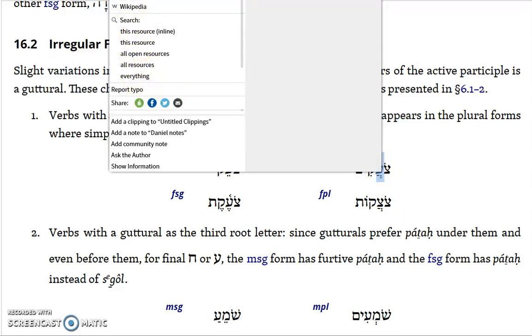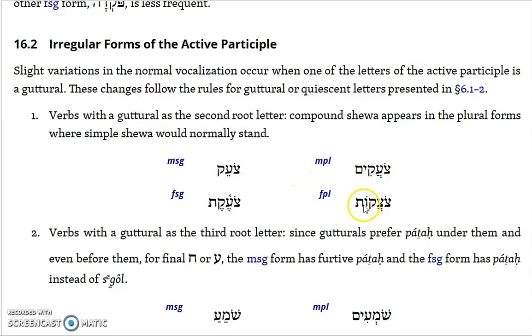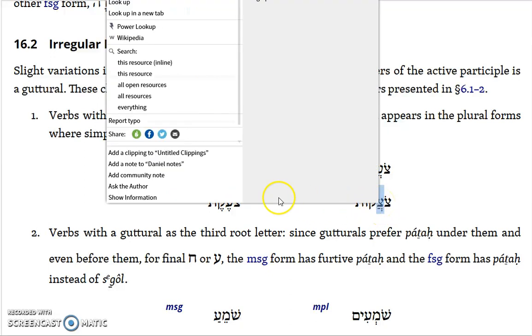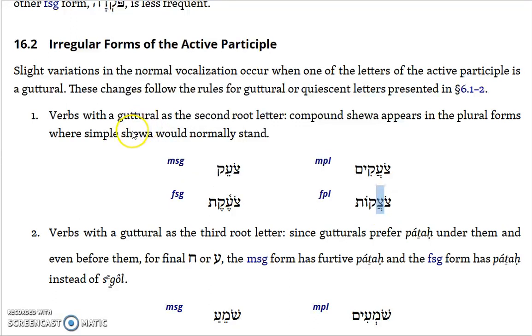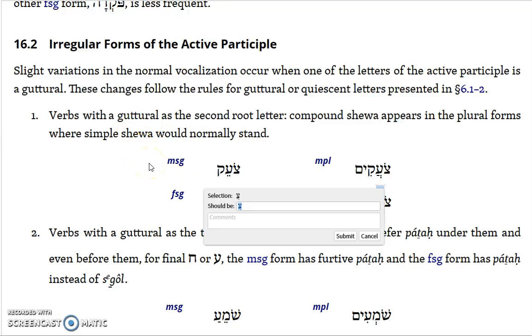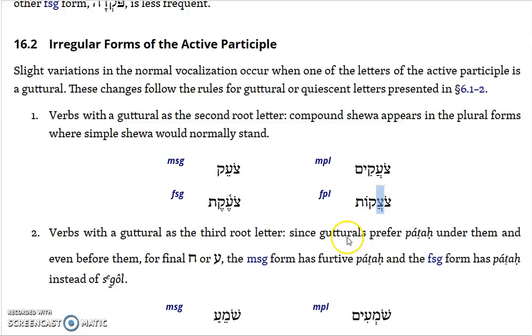And I'm going to copy this and report a typo. That should be an ayin. Well, anyway, moving on.